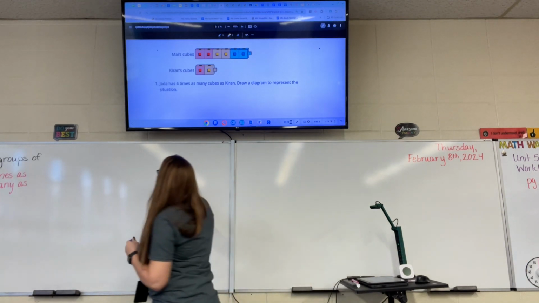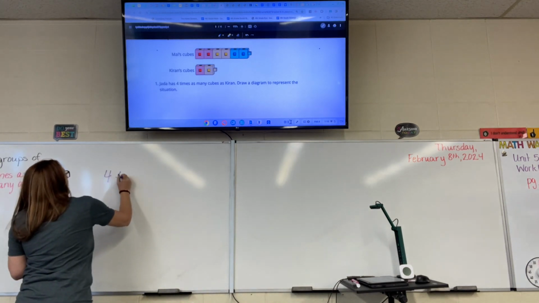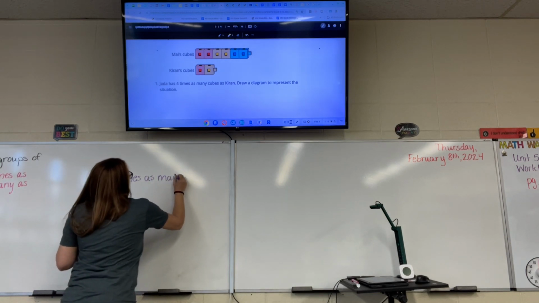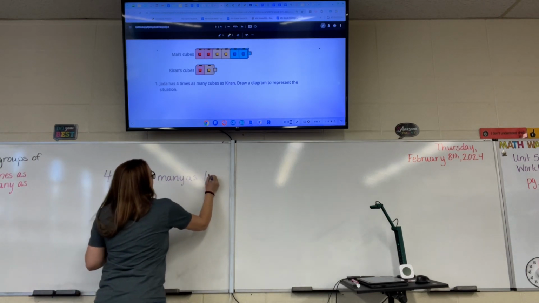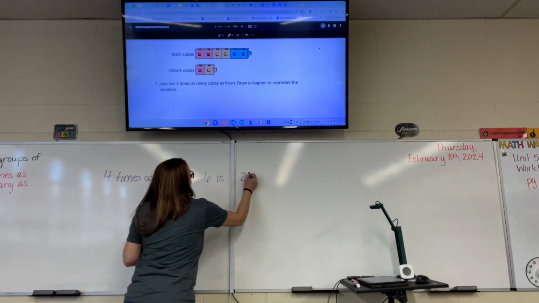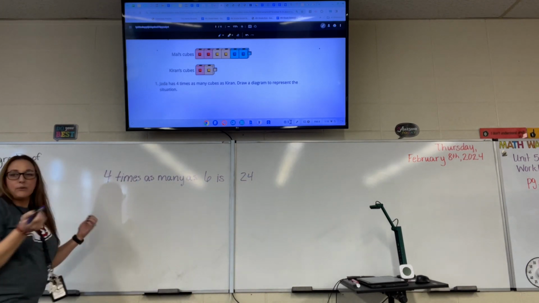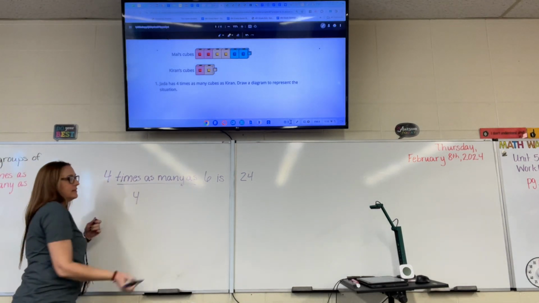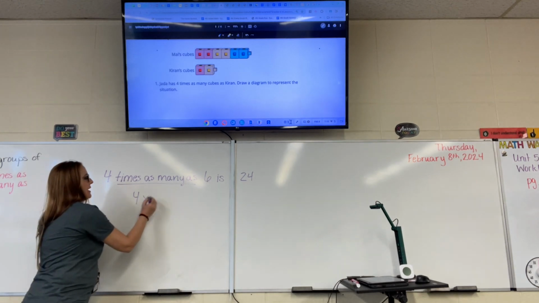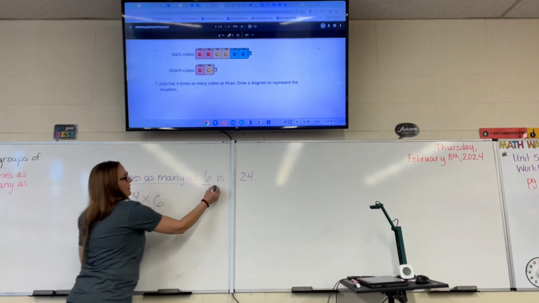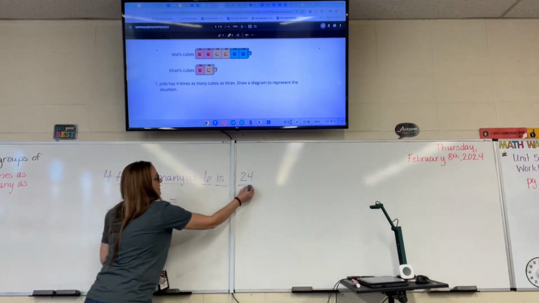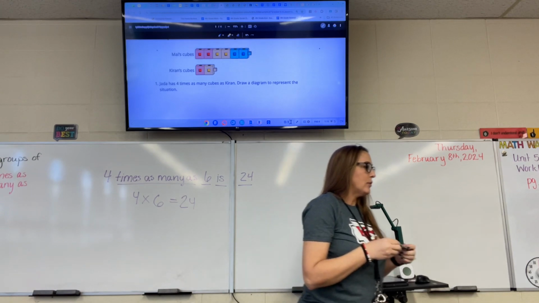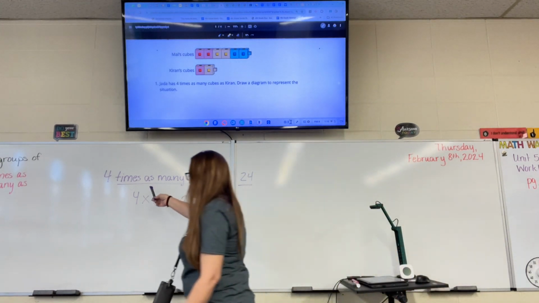So an example might be 4 times as many as 6 is 24. What are you gonna write down first? 4. And then what are you gonna write down for this? Times, and then 6, and then equals, and then 24. Okay? So you go in the exact same order as the numbers appear.